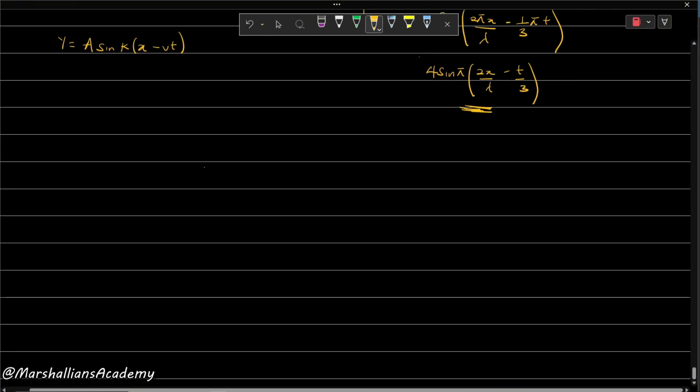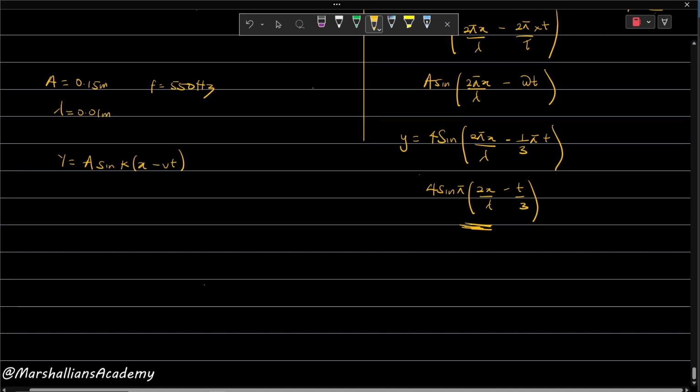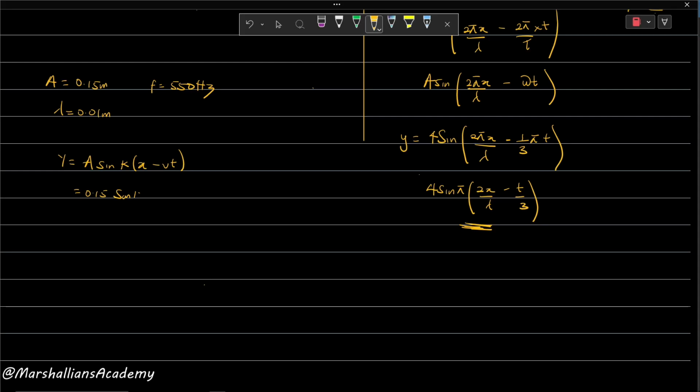So let's try and use that formula with what we are given. My A is 0.15 sine k, and we don't know x minus... Oh, there are many things that we're not given. V, how did we get vt?